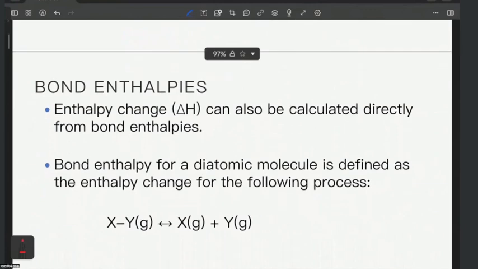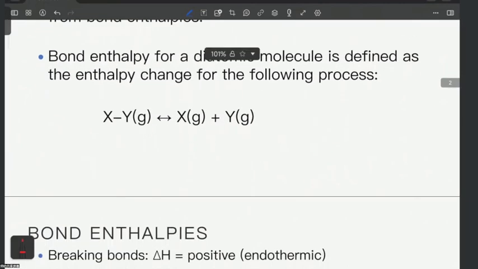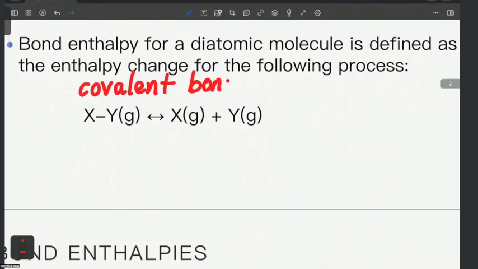We know that enthalpy change can also be calculated directly from bond enthalpies. Bond enthalpy for a diatomic molecule is defined as the enthalpy change for the following process. Look at this example. It represents the covalent bond between X and Y. When the X and Y bond breaks, it absorbs energy.